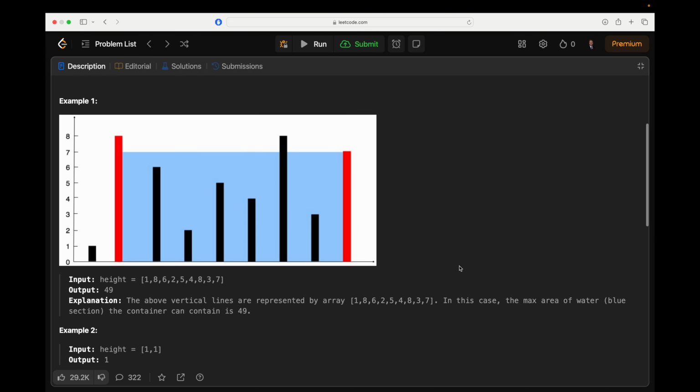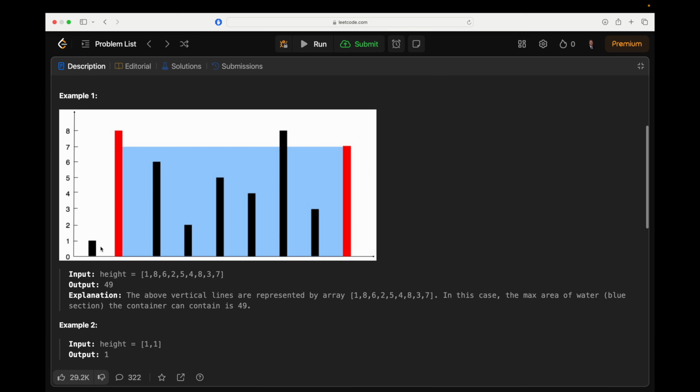Well, how about we just think through it on this example right here. So by the brute force method, we would just say, okay, check the distance between this. We'll check how much these two can contain, then these two, then these two, and then these two, and so on.